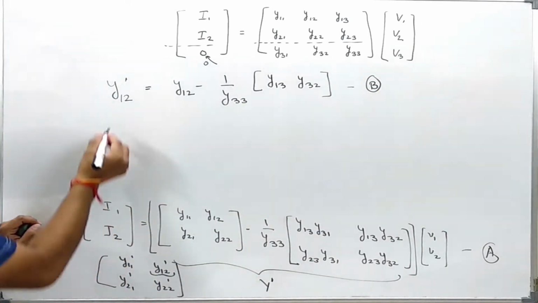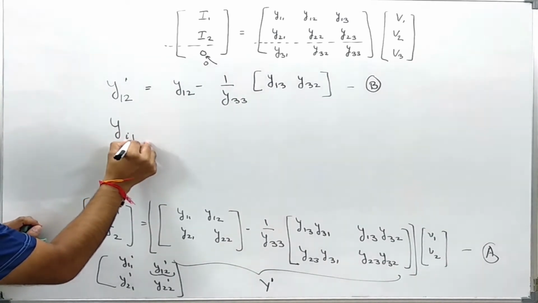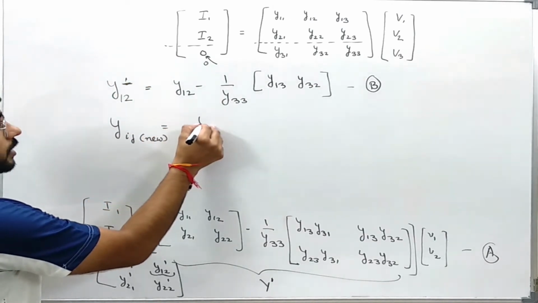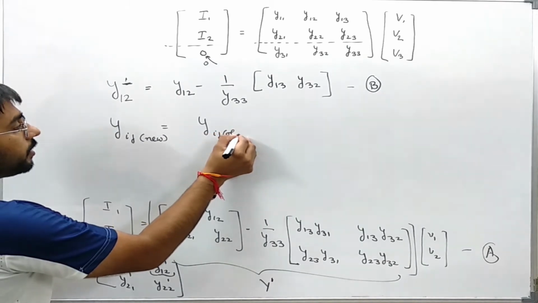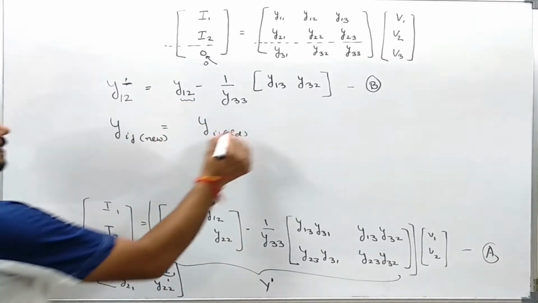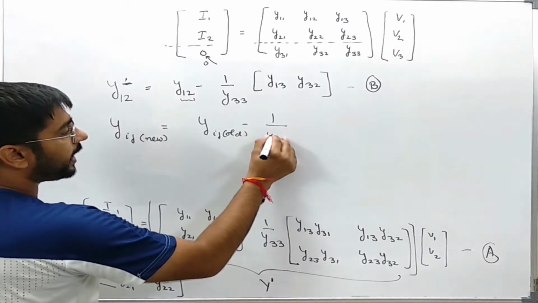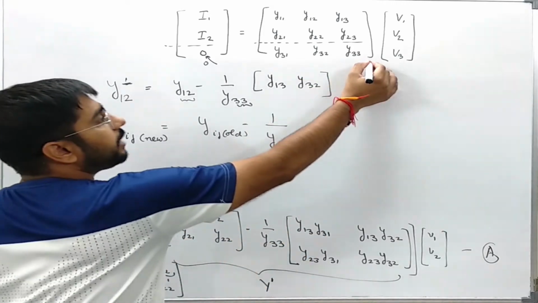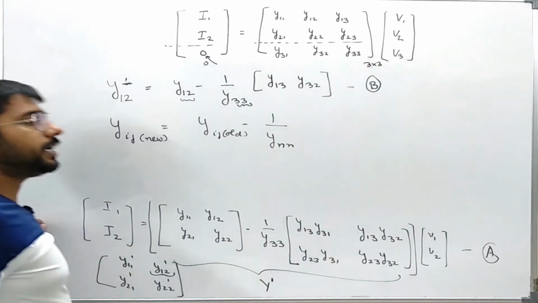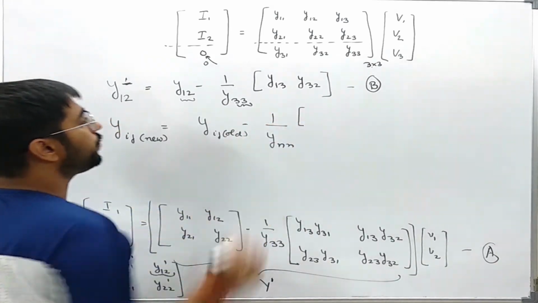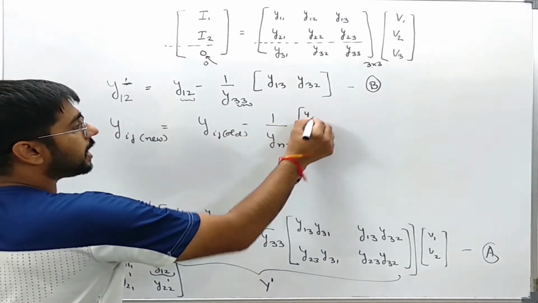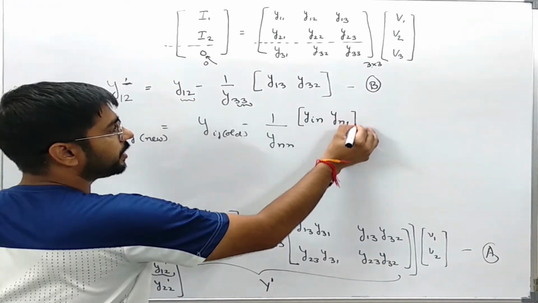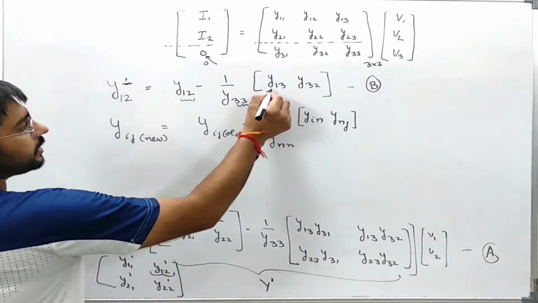What is it? yij new, that is the new element, is nothing but yij old, which was y12 here, minus ynn, where n represents the order of the matrix. It was a 3 by 3 matrix, so n was equal to 3 here, into yin, ynj.